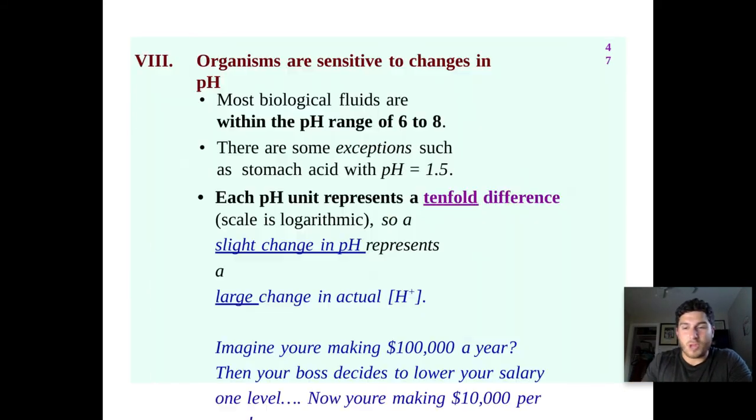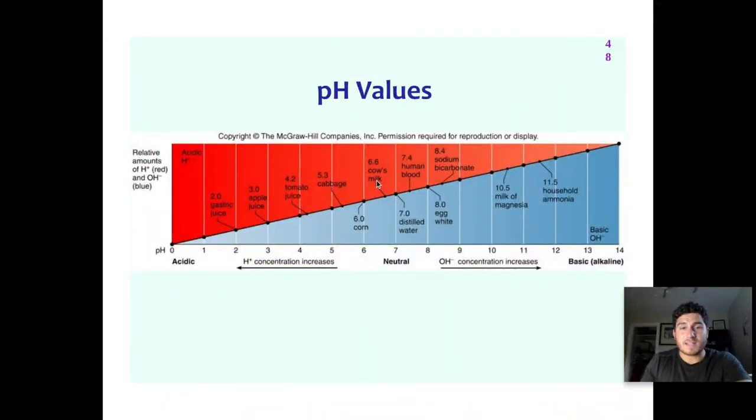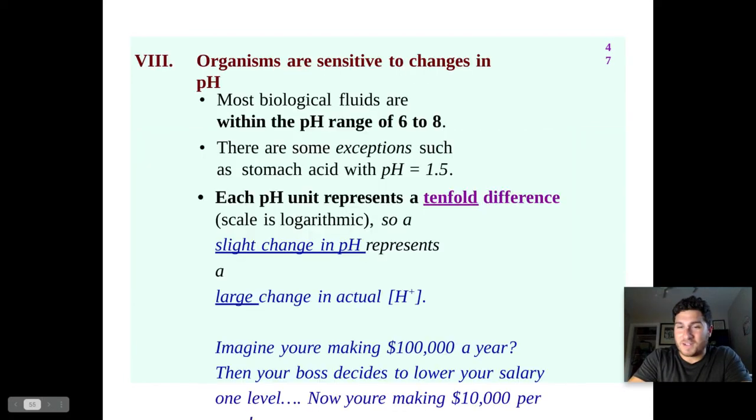Blood's around 7, 7.4. So what happens if my blood goes to like, I don't know, 9? Is that bad? Let me answer that by telling you this. What does the scale even mean?